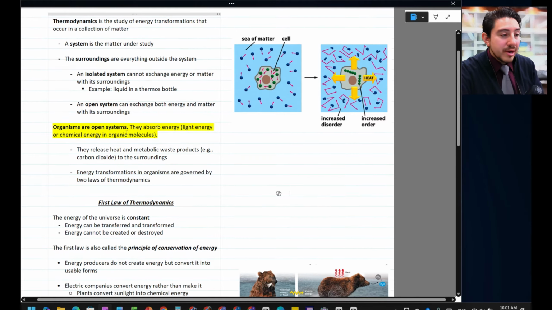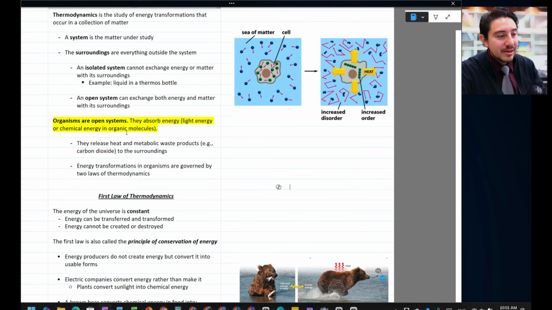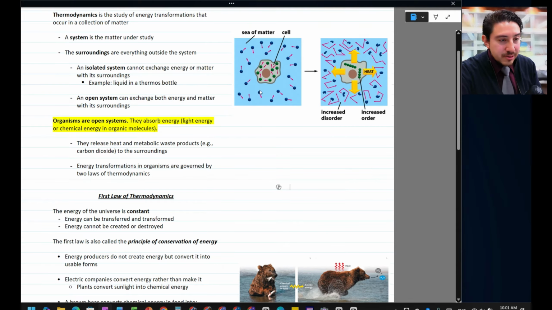The surroundings, of course, is the environment around that cell, everything outside of the system. In this little picture, these diagrams are not part of the textbook, you have a little cell, and you have your surroundings there: air molecules or water molecules and whatnot.